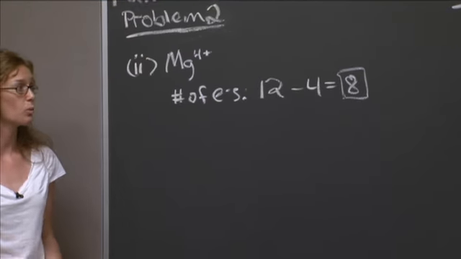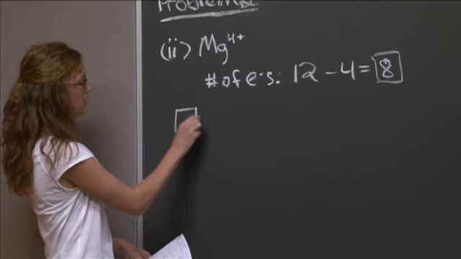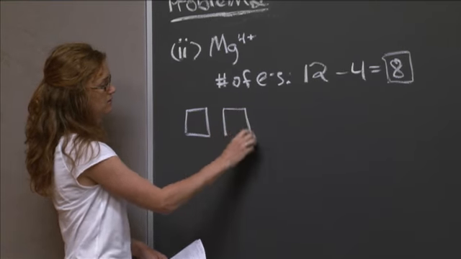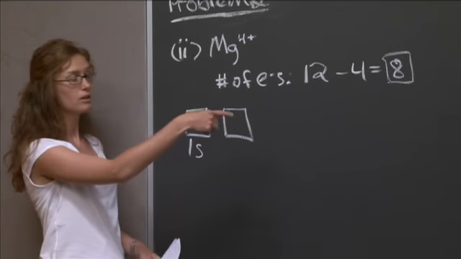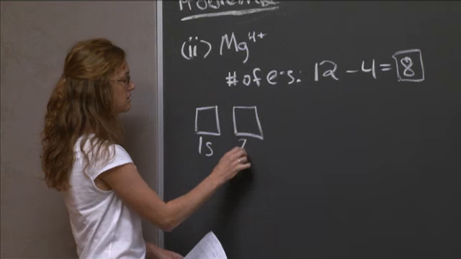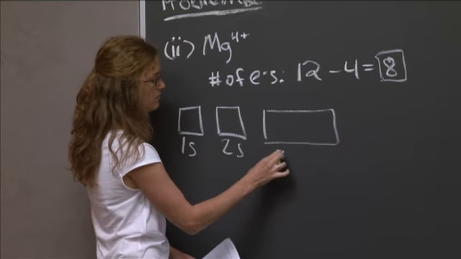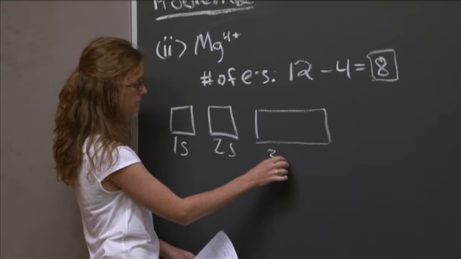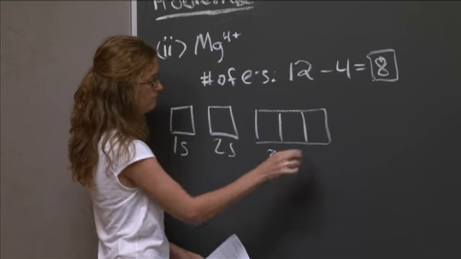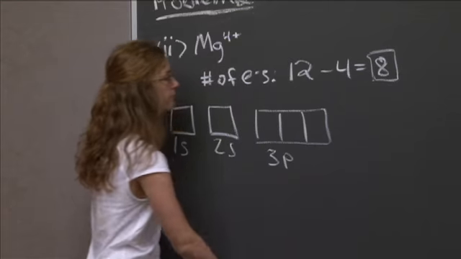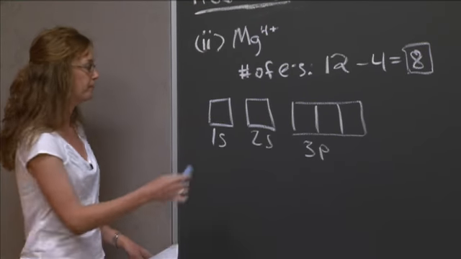With 8 electrons to work with, we again want to write down our boxes using the energy level tricks that we have. And now we can fill them up.